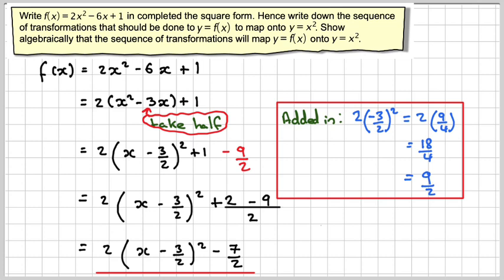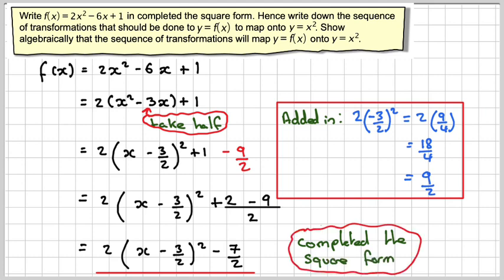Now that will allow me now to find the transformations from y is equal to x squared to this one, which I have to do first, but remembering that we will need to do the reverse. We're going on from this back to y is equal to x squared. So that's completed the square form.